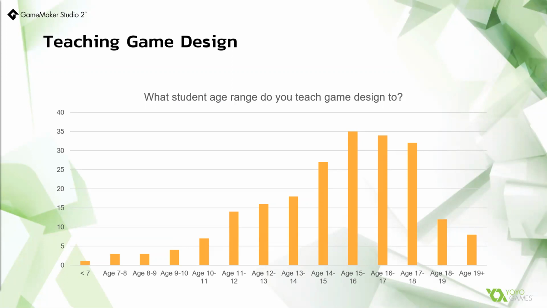But most typically, we would look at teaching from age 12 through to 14 as one group, and then you tend to look at age 15 through to 16 as another group, and then from age 17 plus, you're starting to look at college and university style teaching. And so we're going to split that down into those three groups and look at the different ways that you can approach teaching.